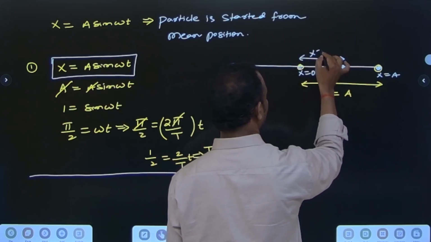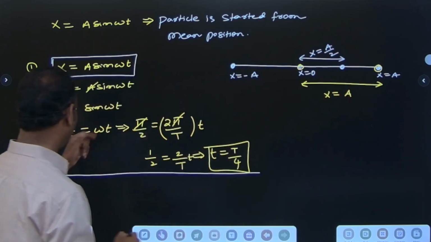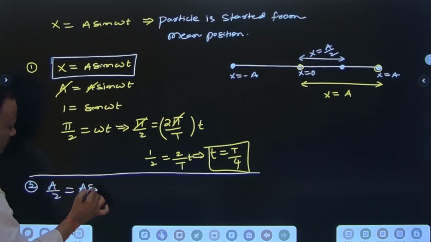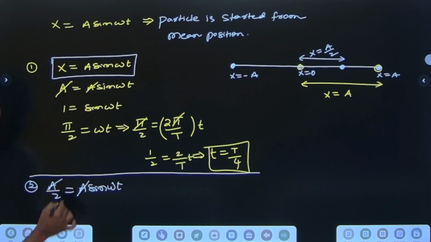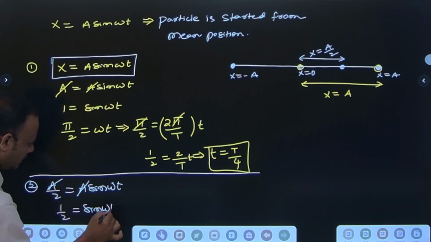X is equals to A by 2. Let me check on this one. In place of X, what should I write? A by 2. A by 2 is equals to A sin omega t. A cancels. 1 by 2 is equals to sin omega t.